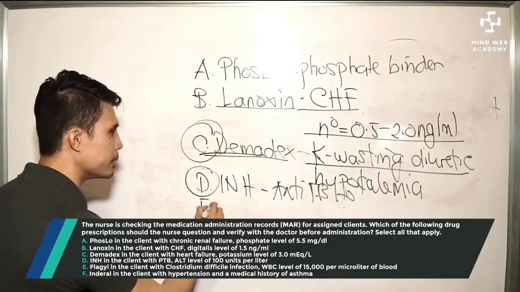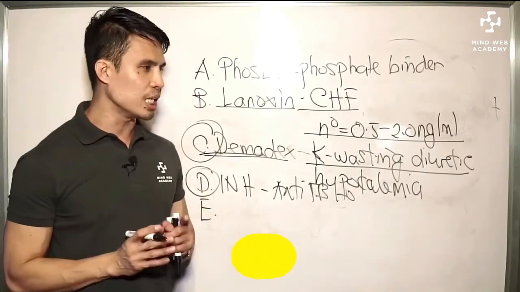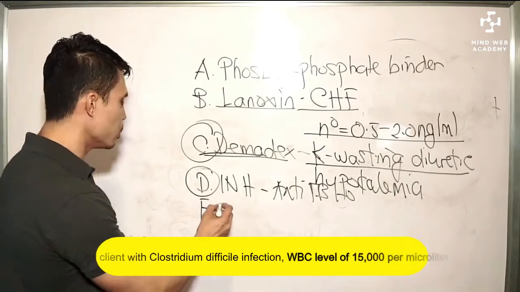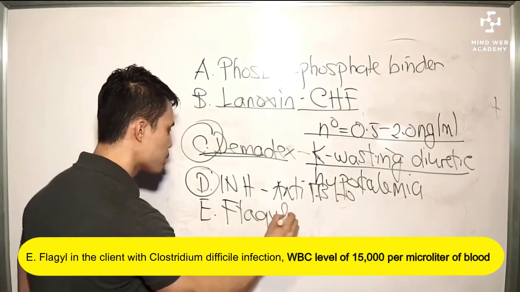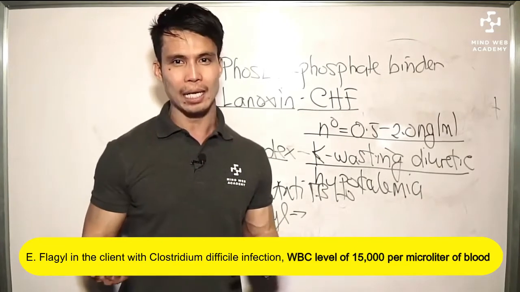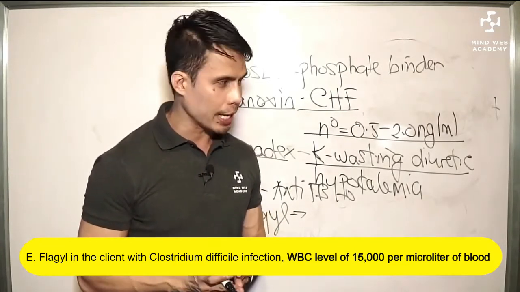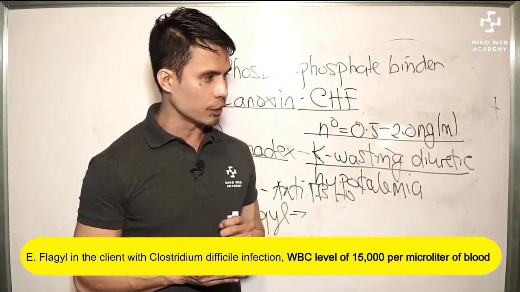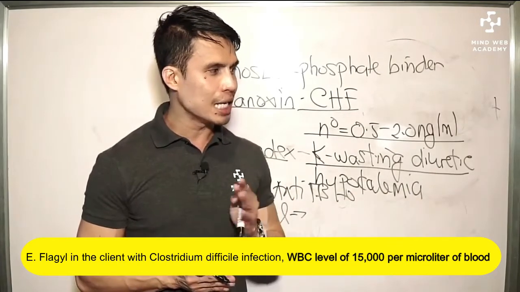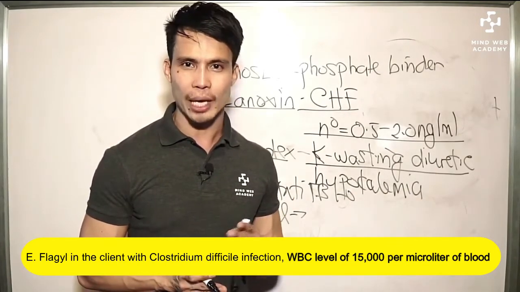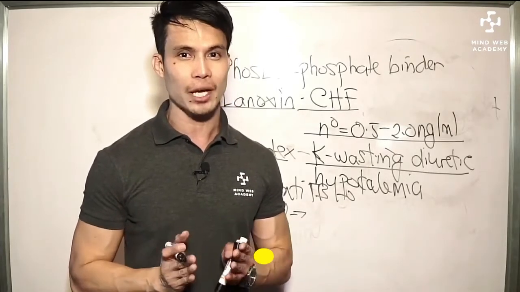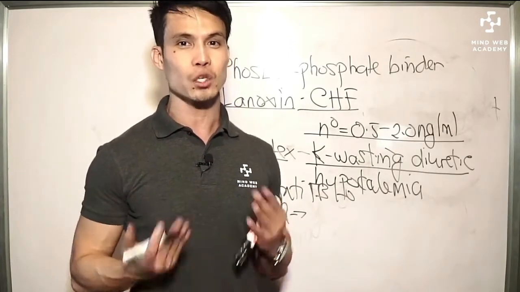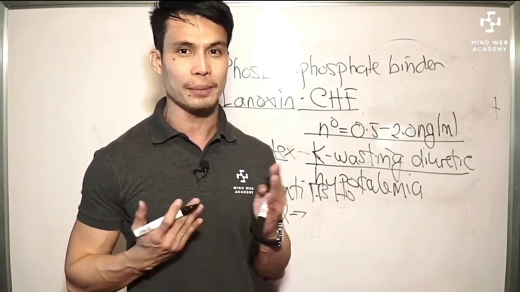What about letter E? Letter E, Flagyl in a client with Clostridium difficile infection. So Flagyl is an antimicrobial, an anti-infective, so that is a good indication. With a white blood cell level of 15,000, should I question this order? No. It's expected for a client with infection to have leukocytosis, or an increased level of white blood cells.